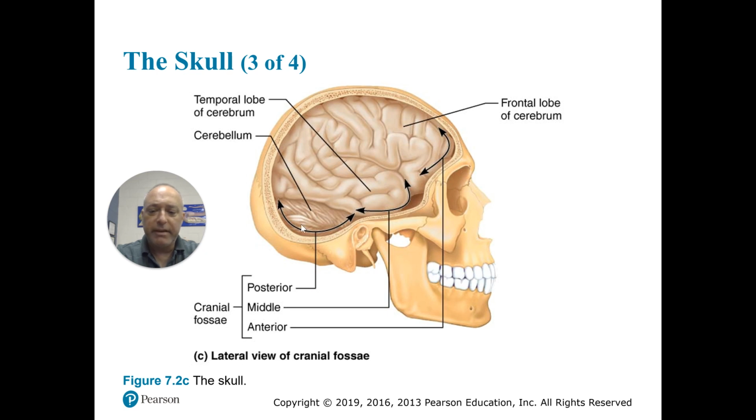The cerebellum sits in the posterior, whereas the temporal lobe sits in the middle cranial fossa, and the frontal lobe sits in the anterior fossa.